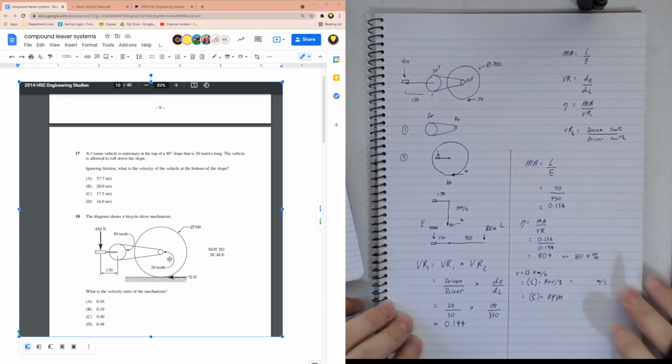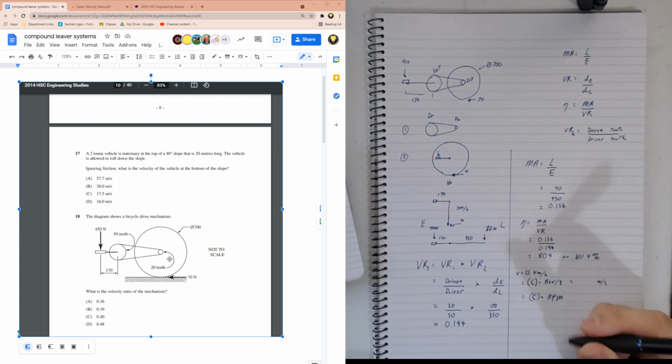This is a blasphemous amount of engineering transformations we do here. So we're going to get 25 kilometers per hour. For it to go to meters per minute, we have to times it by 25 times 1,000 to get to meters, and then we're going to divide it by 60.